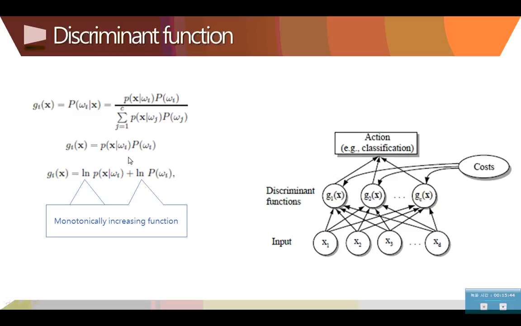One thing you will notice quickly is this likelihood. We are talking right now about one feature, but in general we may have multiple features, meaning that x can be x1, x2, x3, x4. Measuring this probability can be slightly difficult. Usually in naive Bayes, we use the assumption that these features are independent, which means the probability of x1, x2, x3, x4 given omega is basically the multiplication of x1 given omega by x2 given omega, and so forth.